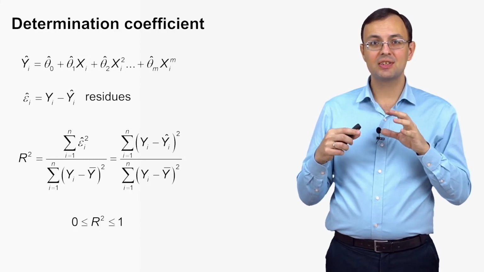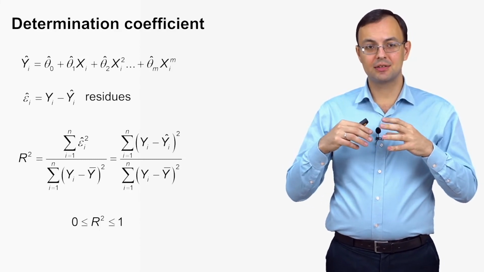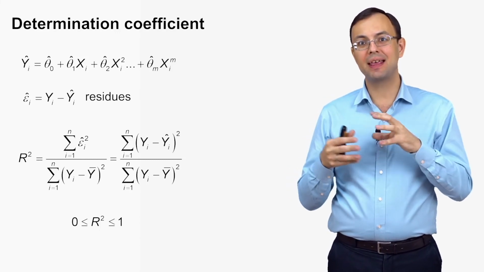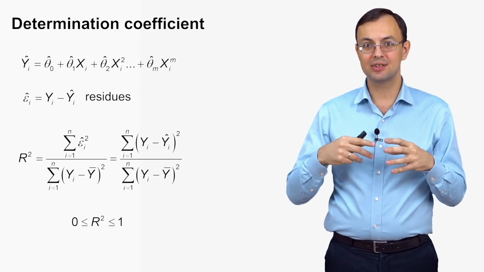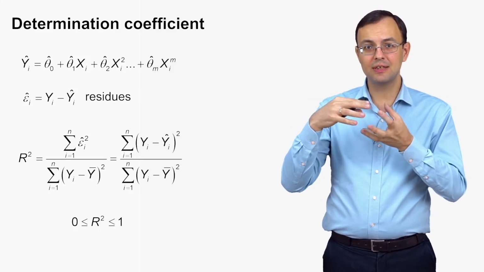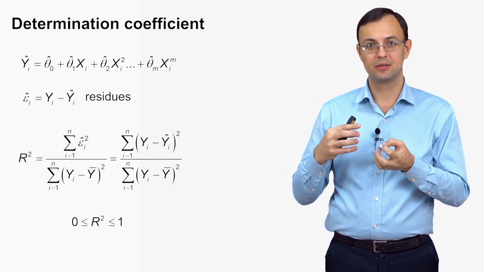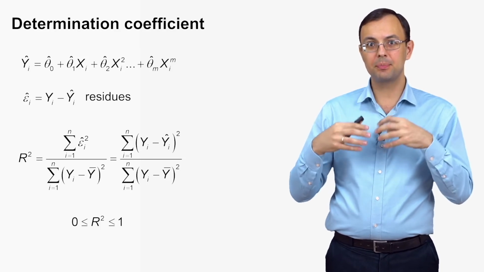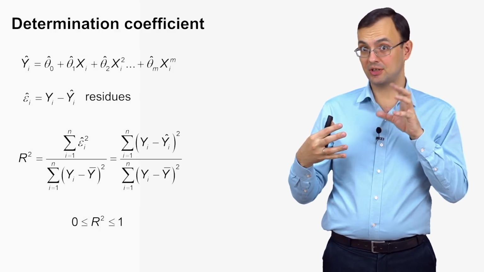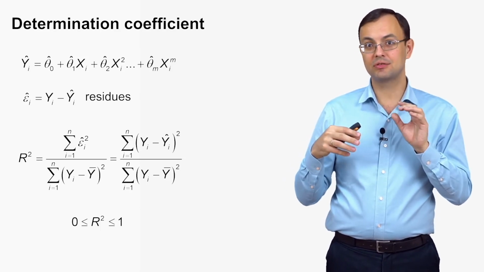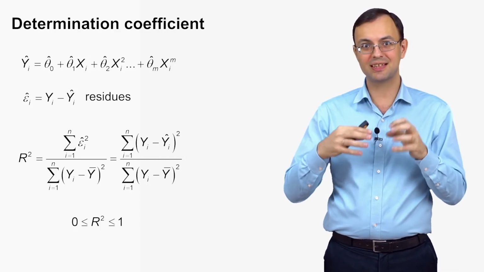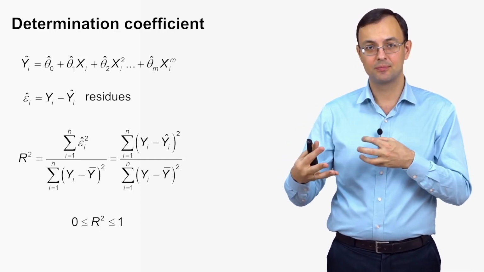It means that 80% of y can be explained by x, so that x's give us 80% of total information on y. So y can be predicted, can be explained with x only partially, but if r squared is 0.8, this is a great part of y that can be explained with x.